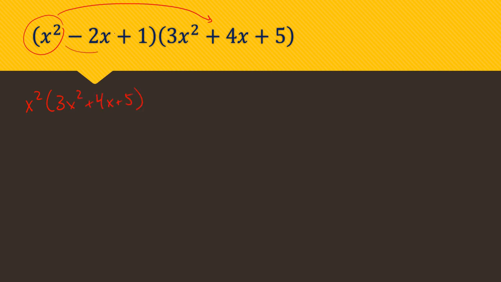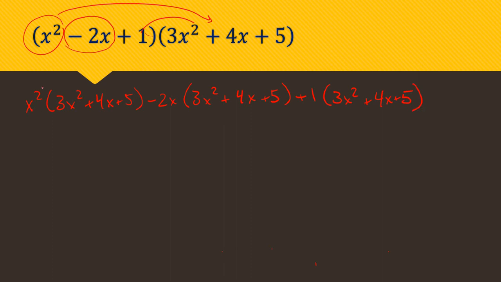I'm going to take my negative 2x and distribute it over 3x squared plus 4x plus 5. And then I'm going to take my positive 1. So positive 1 times 3x squared plus 4x plus 5.